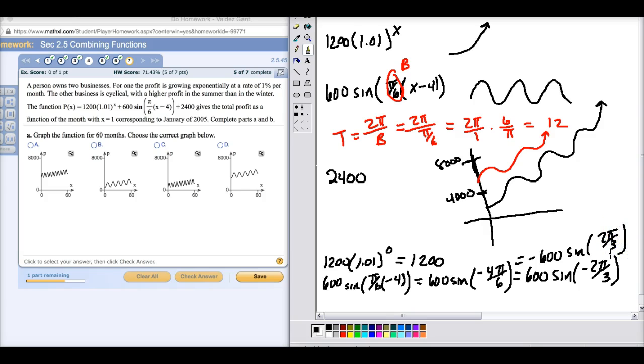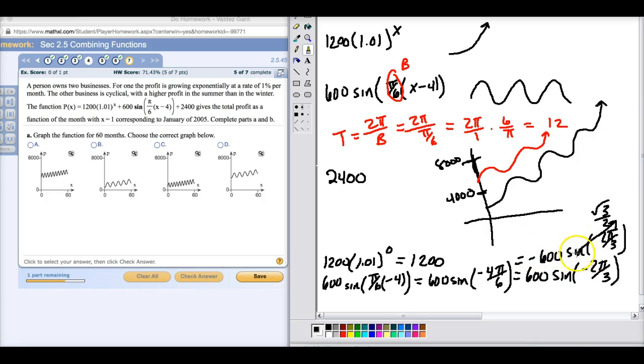Okay. Now, we know we can actually evaluate sine of 2 pi over 3, and you'll find out that this portion here is going to be square root of 3 over 2. But in general, we know that sine is at most going to be 1 or at the very least going to be -1.